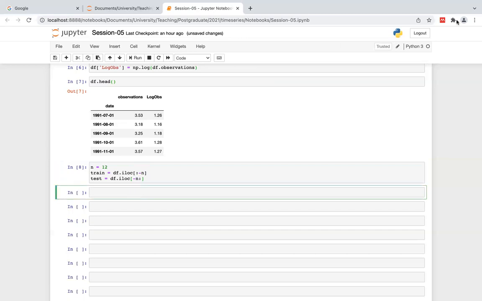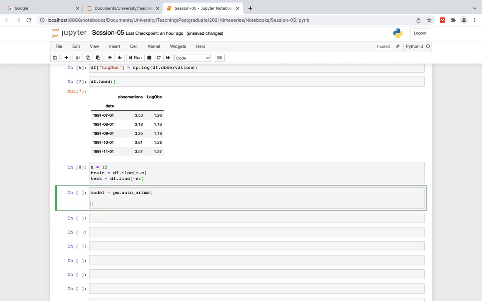Okay, right. Then I'm going to implement the model, right? Then I get this variable model, and I'm importing with this pm reference. It's called auto ARIMA. You can see the suggestion. Then I'm going to include some parameters here. What are these? First, the data that we are going to include there. I'm going to include that train observation, the raw data points, right?